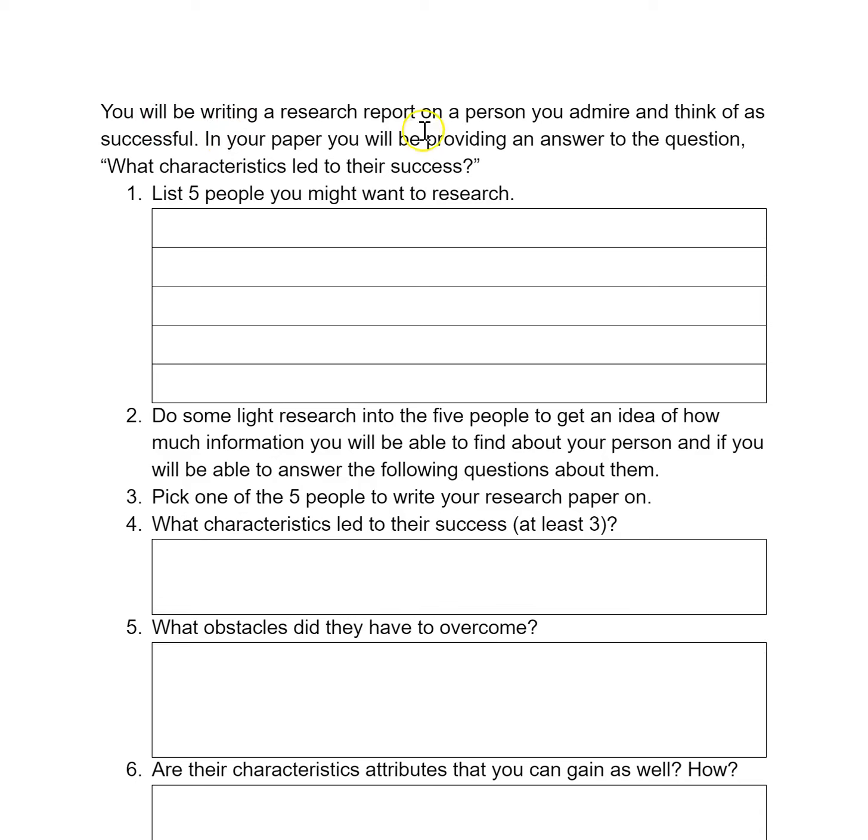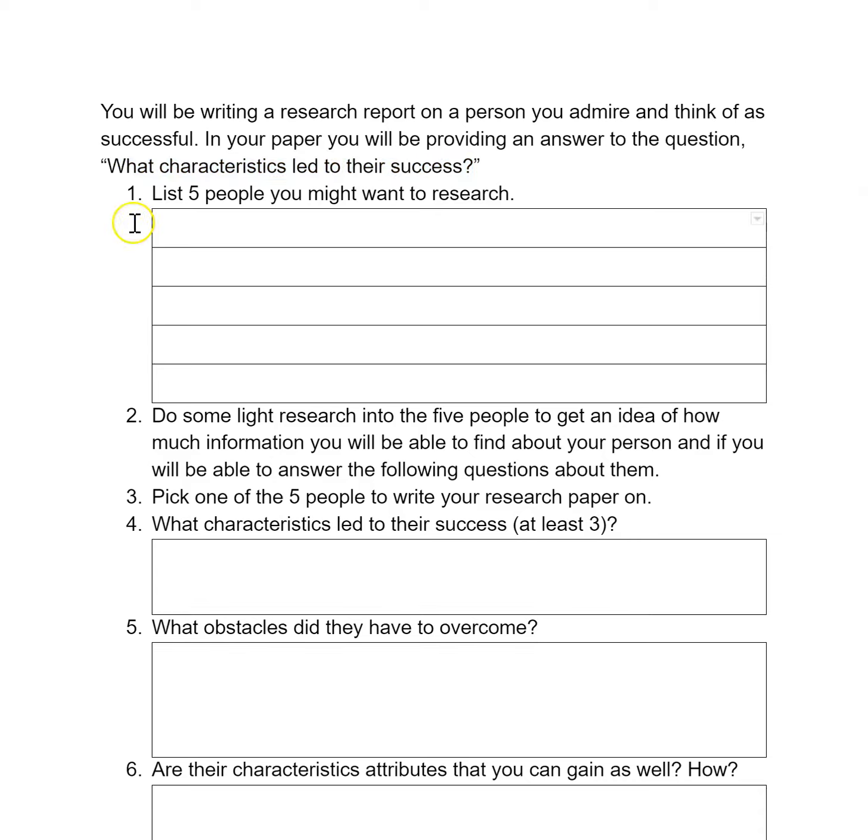You're going to be writing a research report on a person you admire and think of as successful. So somebody you look up to that you think, yeah, that person is a successful person. In your paper, you'll be providing an answer to the question, what characteristics led to their success? So that's your guiding question throughout your paper, okay?